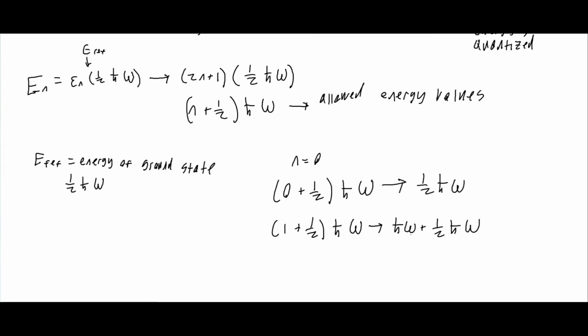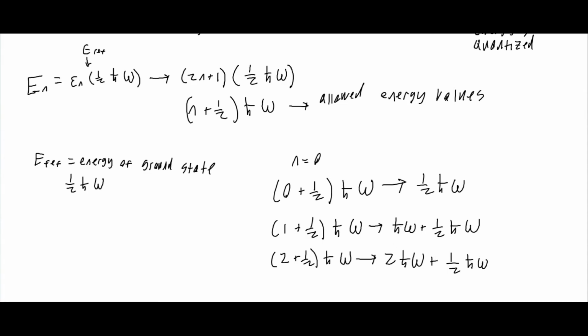And so that would be equal to h bar omega plus 1 half h bar omega. And so we see that as n goes up, this will just keep going up as a function of n. So if we had 2, it would be 2 plus 1 half multiplied by h bar omega, and so now we just have 2 h bar omega plus 1 half h bar omega.